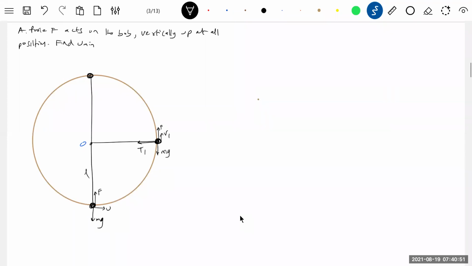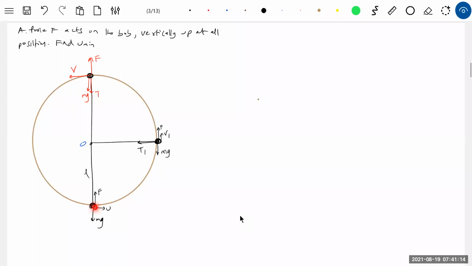At the highest point, what are the forces that are acting? The tension, the force F, mg, and this is the velocity. Now, can this be the critical point? No, not possible, because F is there. Tension cannot be 0 here. So then where is the critical point?